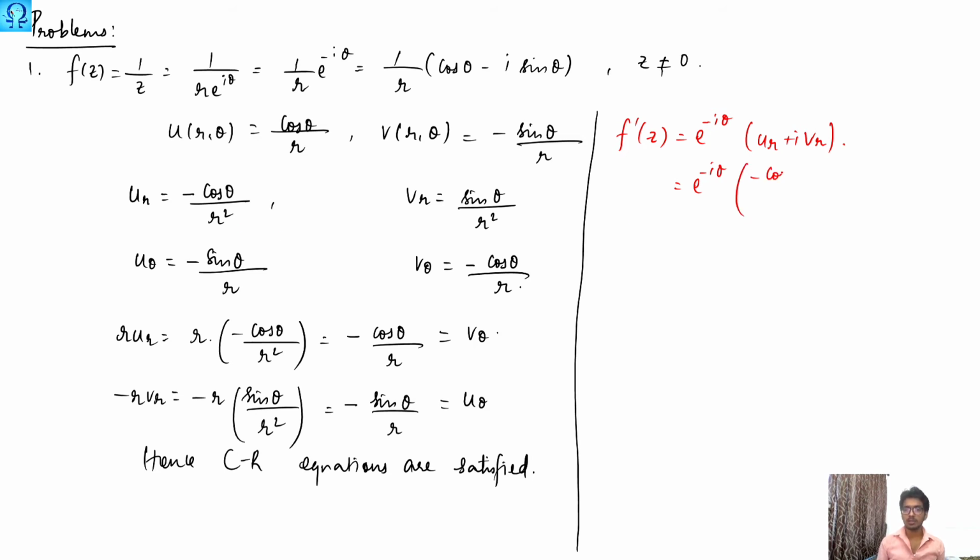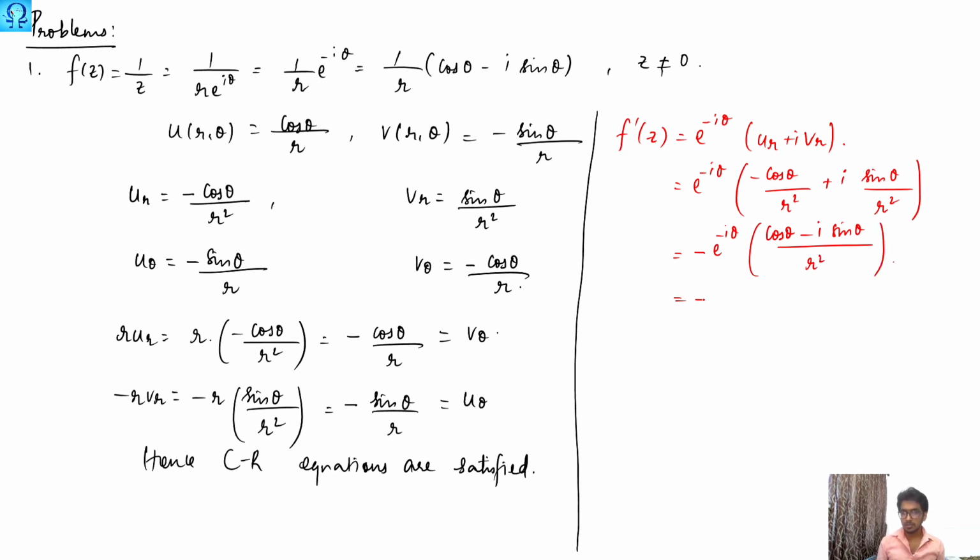That is minus cosine theta upon r squared plus iota times sine theta upon r squared. From which I would like to take minus outside. So this becomes minus e to the power minus iota theta, and it is cosine theta minus iota times sine theta upon r squared.